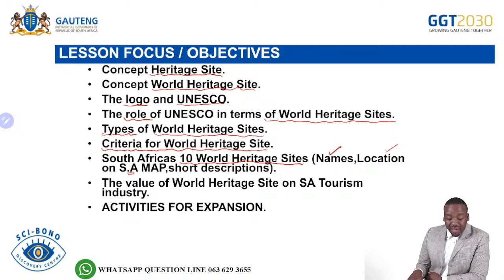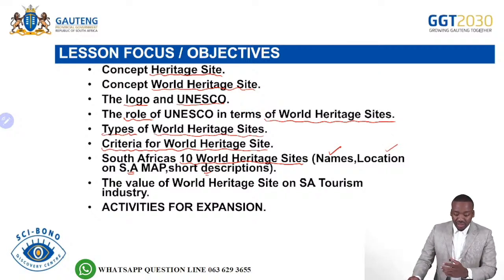On a South African map. Once we have looked at that, we are also going to look at the short description of each site. Particularly, I will be focusing on what is preserved or protected at that particular World Heritage Site.